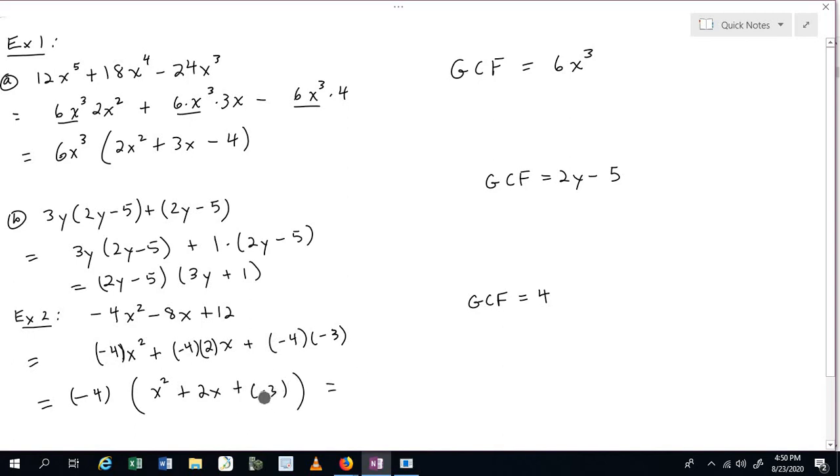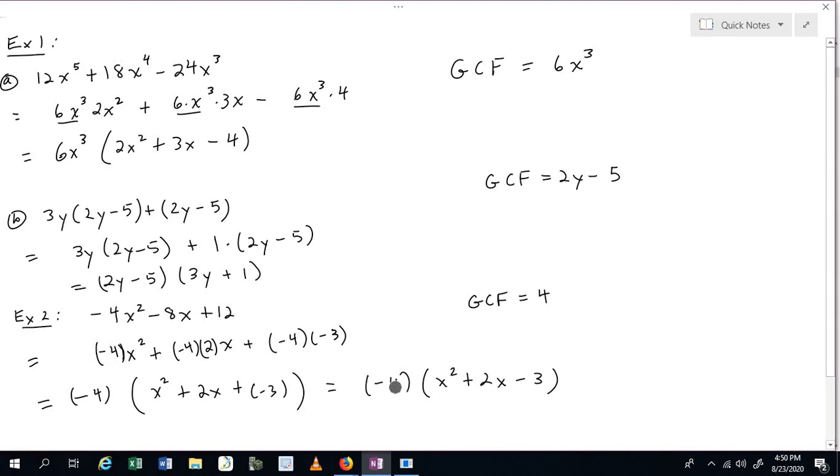Another way to write this is just to subtract 3, since adding a negative is the same as subtracting. So this is what you're left with when you factor the negative 4 out: x squared plus 2x minus 3.